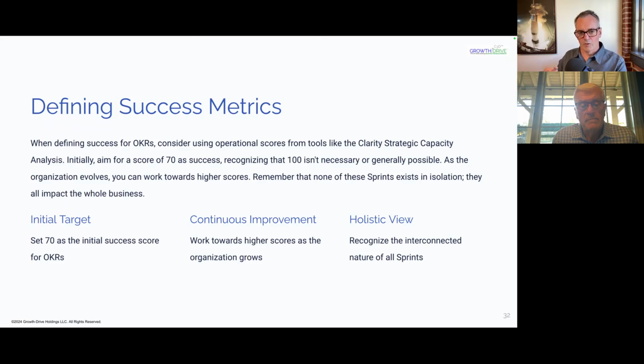Teams will get involved in continuous improvement. It becomes part of their worldview, of how they do their job, of the Acme way. The other thing about scores is it provides a holistic view by dimension and for the whole organization.